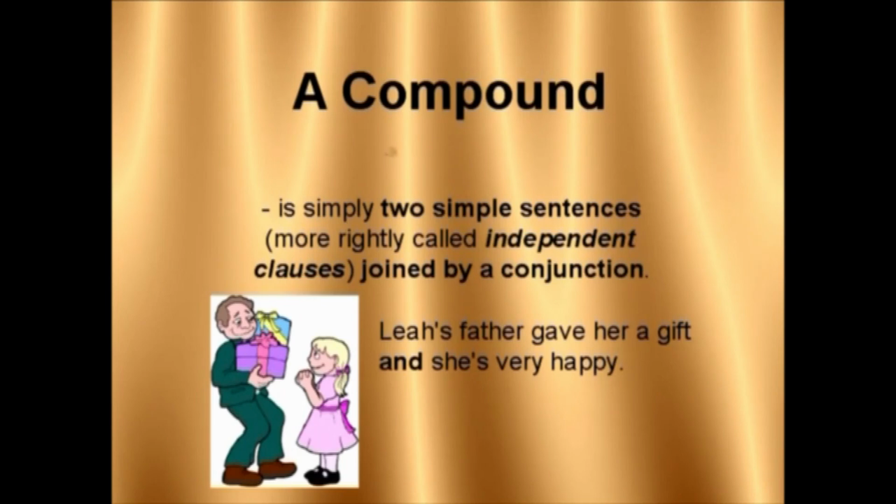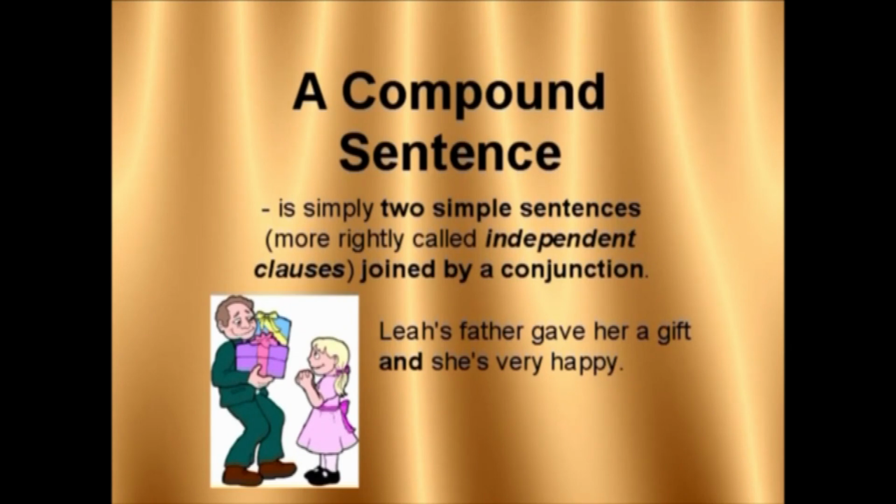A compound sentence is simply 2 simple sentences, more rightly called independent clauses, joined by a conjunction. For example, Leah's father gave her a gift and she's very happy. Leah's father gave her a gift is itself a complete sentence. So is she's very happy.